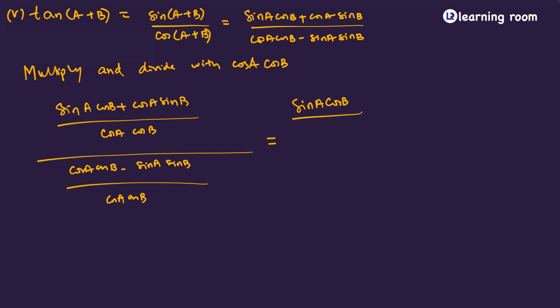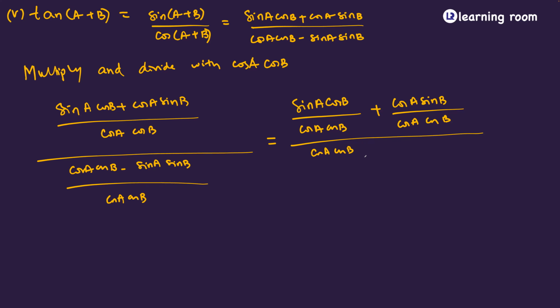Listen, sin a cos b divided by cos a cos b plus cos a sin b divided by cos a cos b, the whole divided by cos a cos b divided by cos a cos b minus sin a sin b divided by cos a cos b. Okay, so cos b and cos b are gone. Cos a and cos a are gone. Cos a cos b and cos a cos b are gone. Similarly, here nothing is lost.